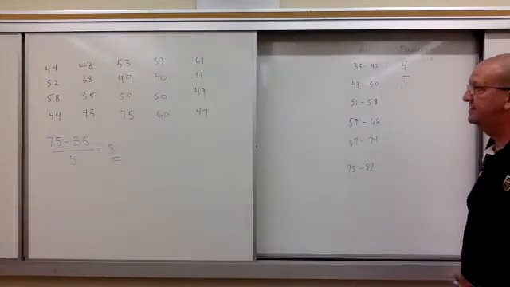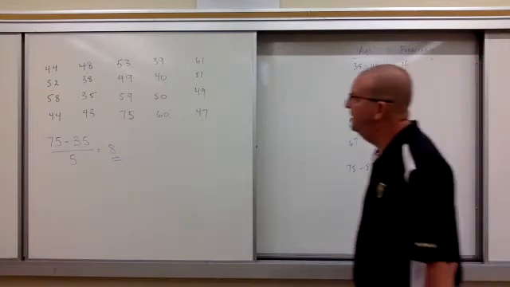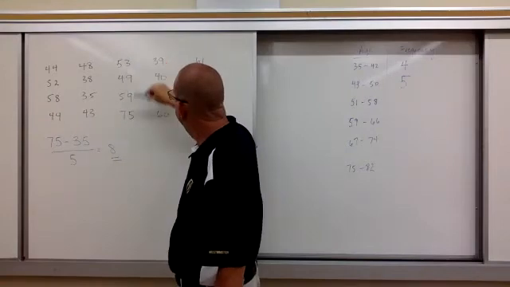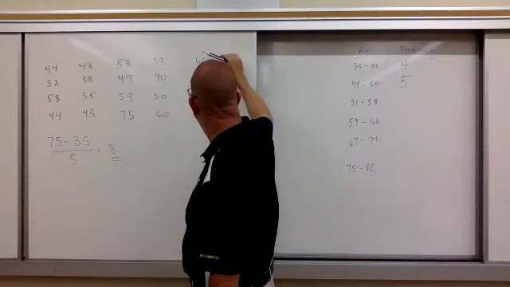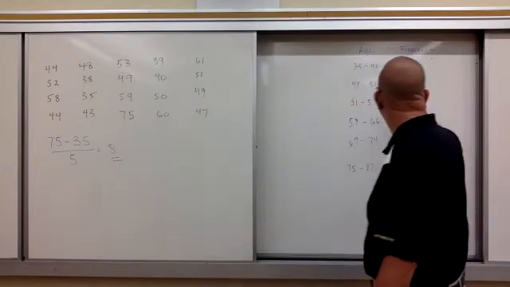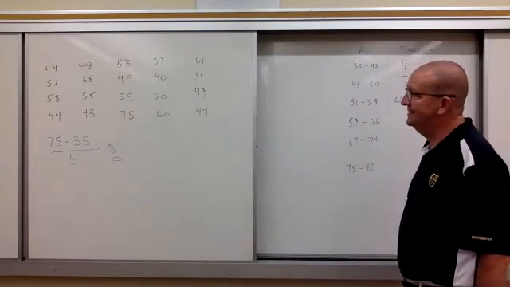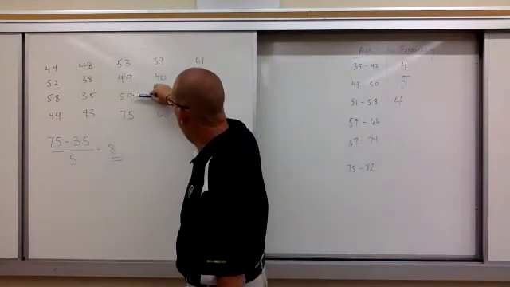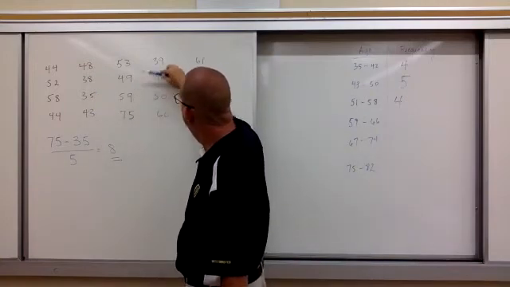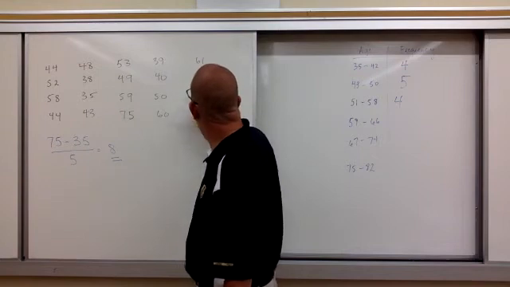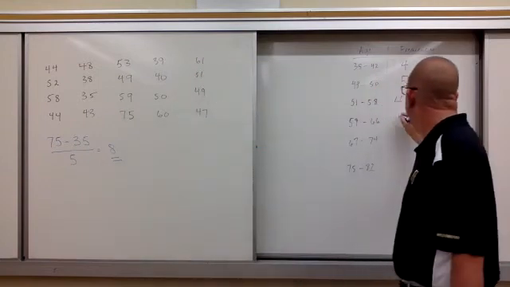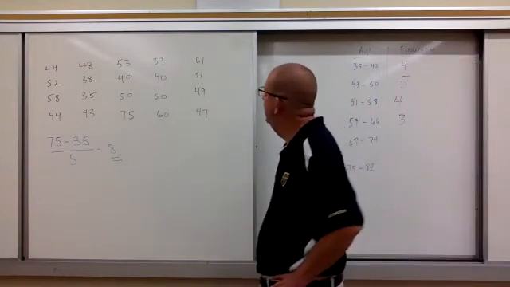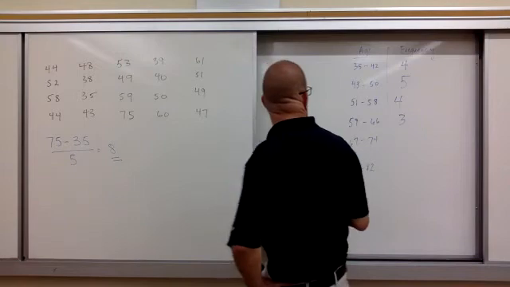Okay, now I have to start over again because I've forgotten where I was. 51 to 58. 1, 2, 3, 4. 59 to 66. 1, 2, 3. 67 to 74, I think I've just got one.